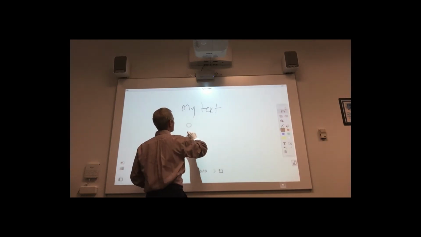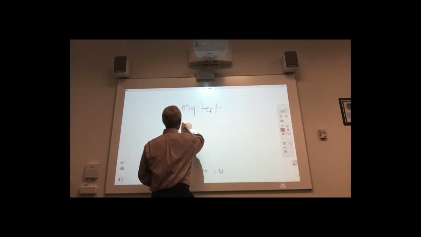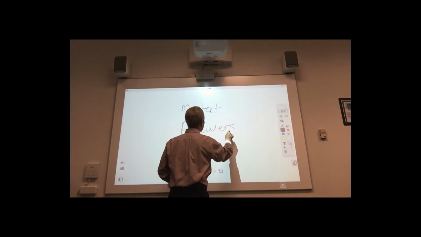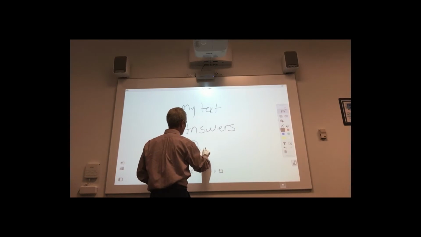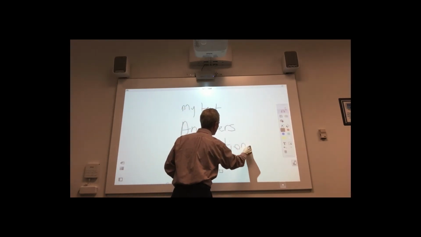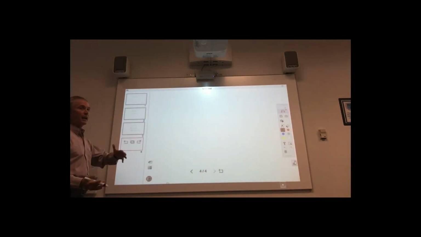You see what I'm saying? Yes. Where it would progress. So I can set this up ahead of time and have students come up, fill it in, whatever it is I want to do.